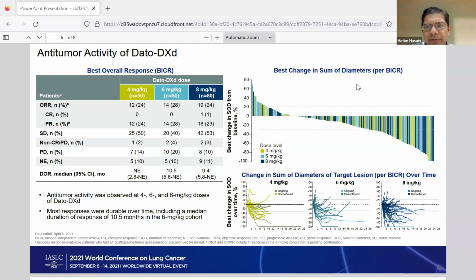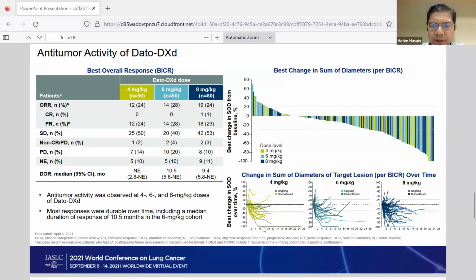Just to finish off this discussion here, if we look at the waterfall plot, we can see that patients had response across the different dose levels. In fact, some patients even had a complete response at the 4 milligram, the 6 milligram, or the 8 milligram dose. Here are some of the spider plots that we could see for patients.